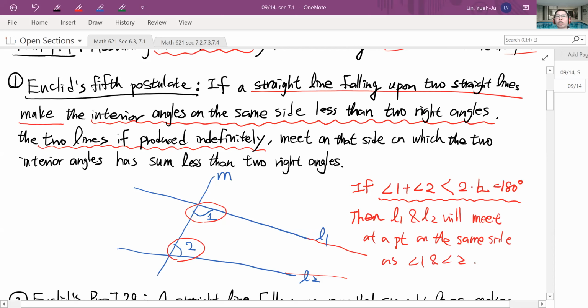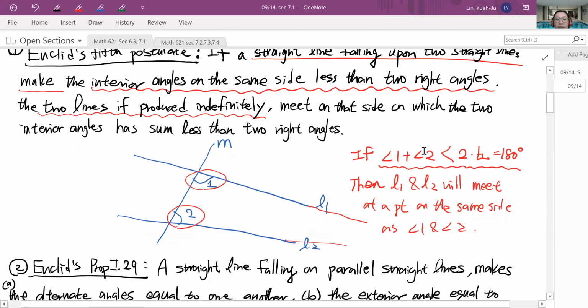Okay, so that's essentially the fifth postulate. You're going to see that sometimes people don't like this fifth postulate. They like to use another equivalent statement, usually what we call Playfair's, because Playfair's is easier to use in some sense. We're going to see this statement in a minute.